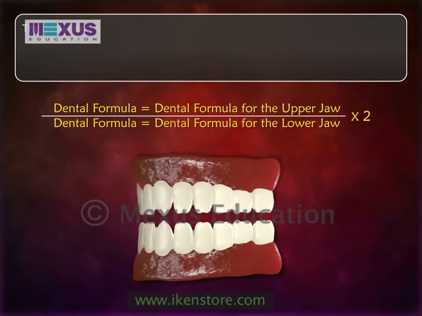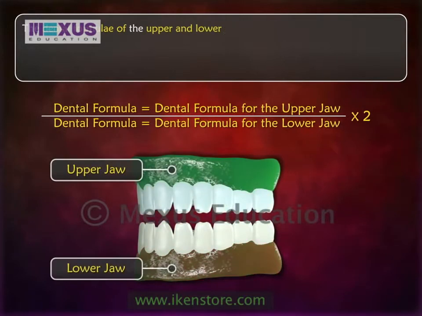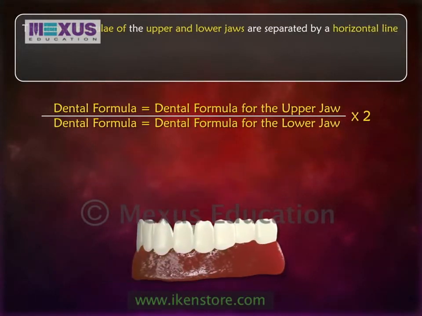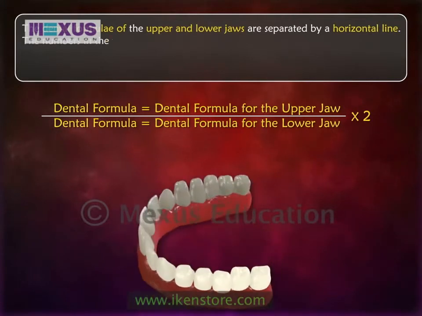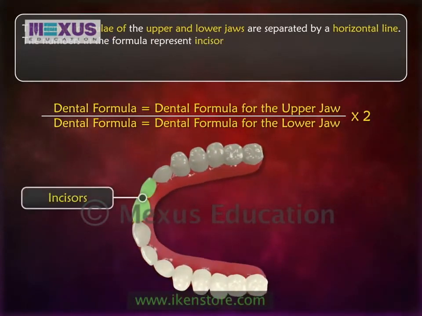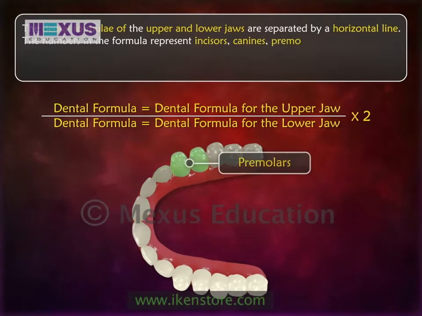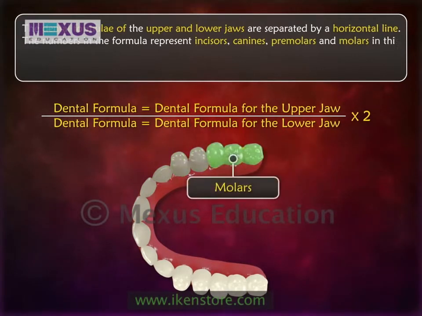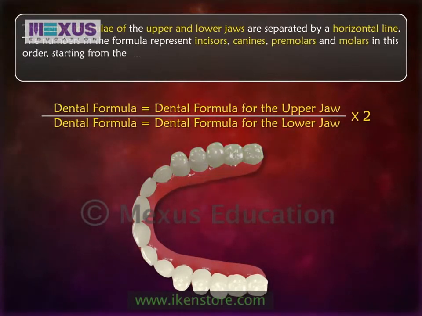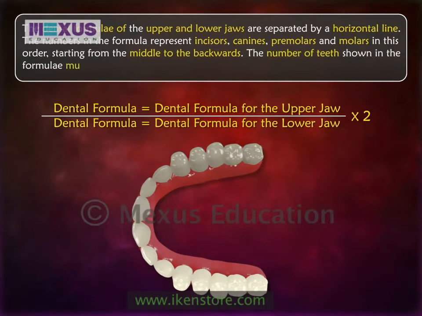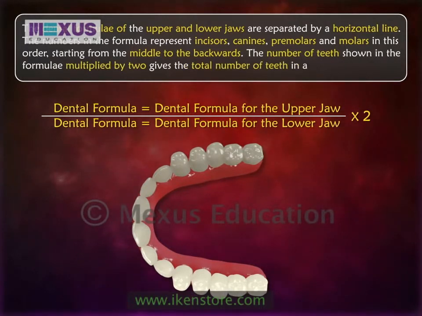The dental formulae of the upper and lower jaws are separated by a horizontal line. The numbers in the formula represent incisors, canines, premolars and molars in this order, starting from the middle to the backwards. The number of teeth shown in the formula multiplied by 2 gives the total number of teeth in a species.